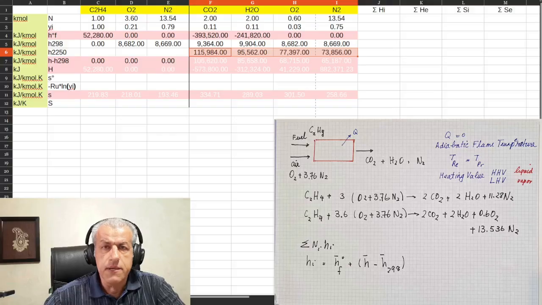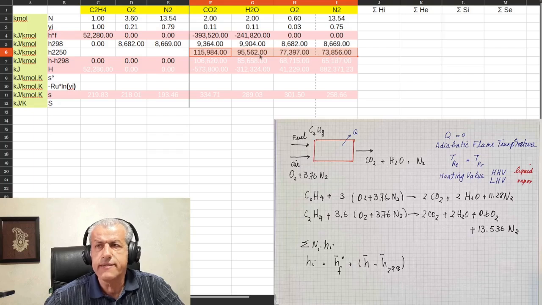Now let's return to our table, and what we had here was different products, CO2, H2O, O2, and N2, and since we assumed that the product temperature is 250, the enthalpies of each of the constituents, that is CO2, H2O, O2, and N2, are values as they are shown here.